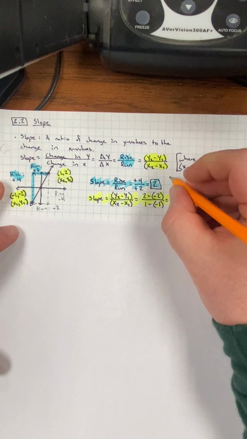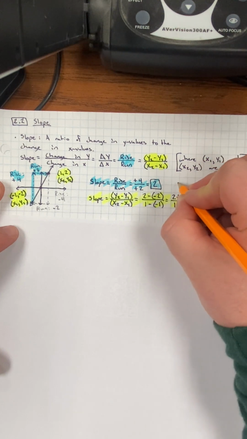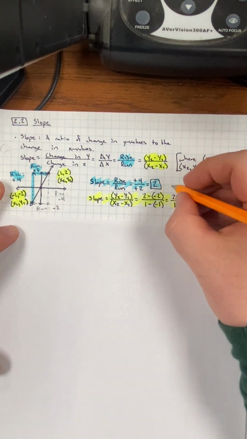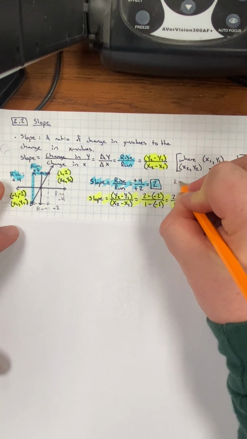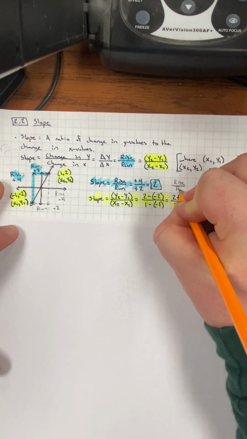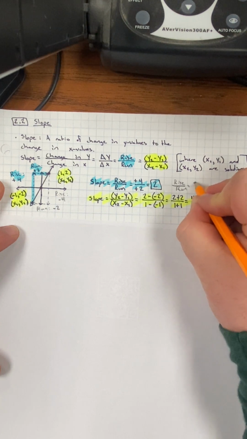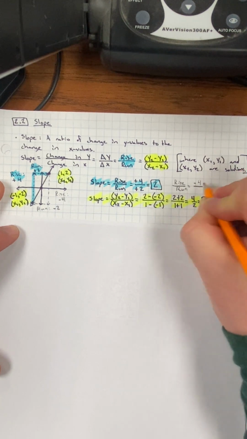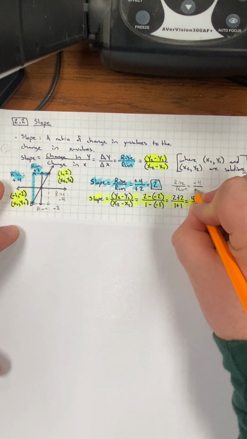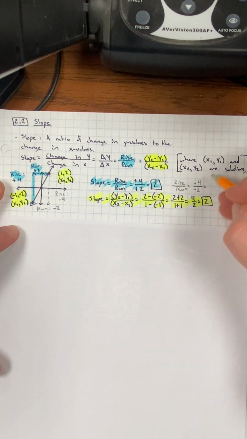If I take the rise over run that I got from using my pencil here, and I take the negative answers that I got by following the pencil, I'll have negative 4 over negative 2. But what happens when you divide a negative by a negative? You get a positive.